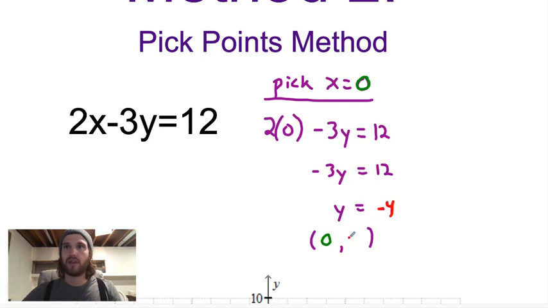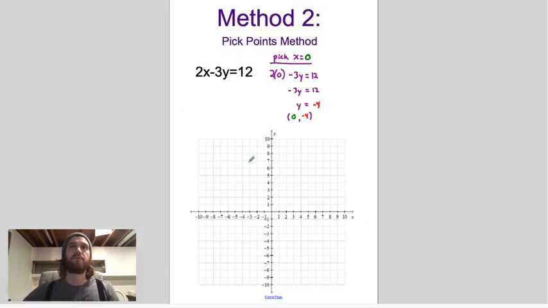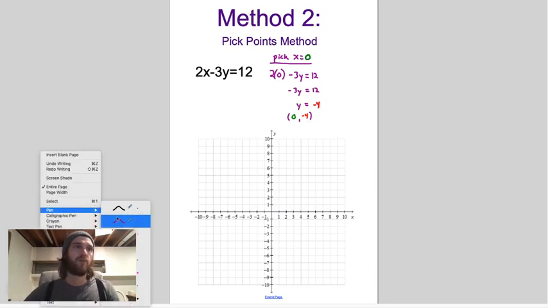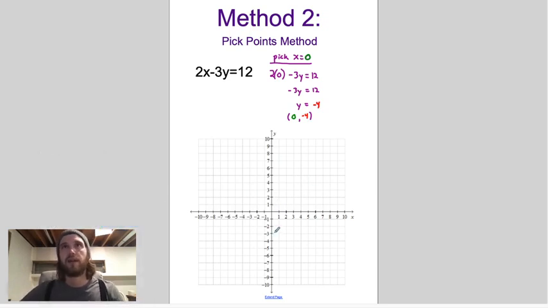So when we plug in a point, we have to make sure that whichever one has an x goes first, whichever one has a y goes second. So 0 comma negative 4 is something that is on our graph. And if you look back at the first example, this is the same equation.